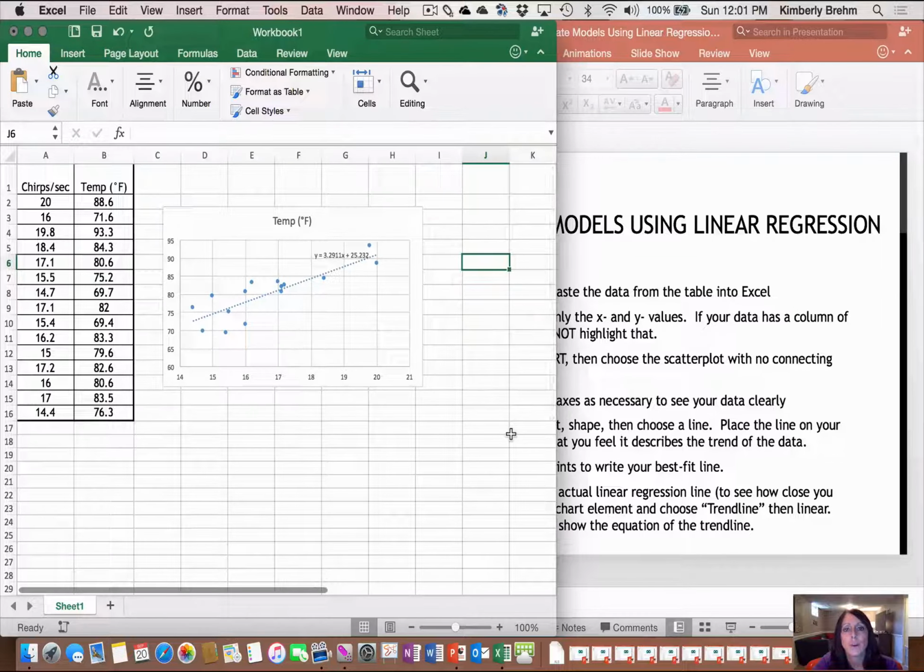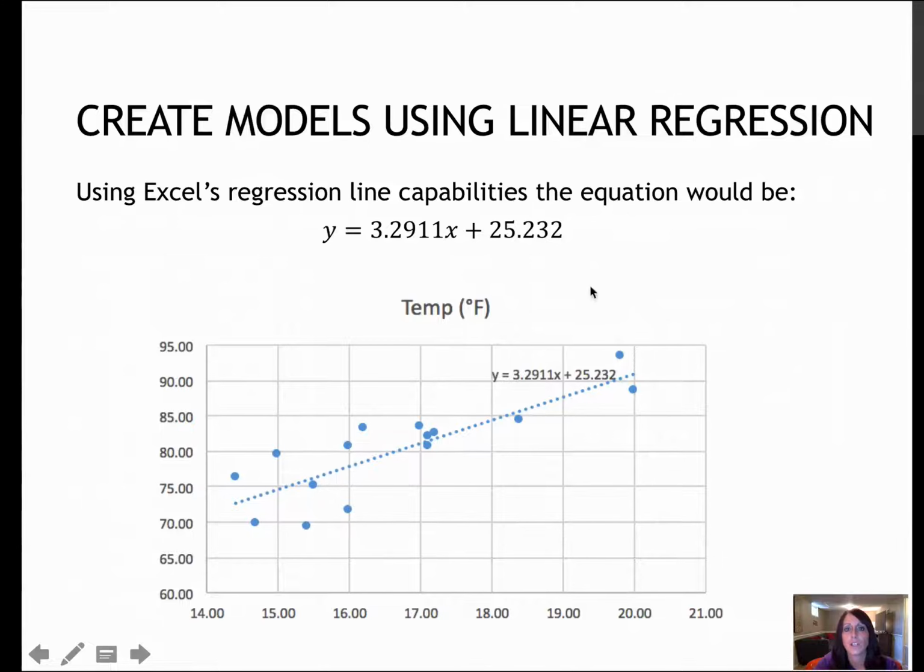So looking at what my equation was, I didn't do an awesome job, because my slope was 4.542, which was steeper, and my intercept was 2.933, and this is way different. So I did not do a great job. This is the real one. So again, this is just a screenshot of the one that I just showed you. So here's the real equation, and then the real line that Excel drew for us.